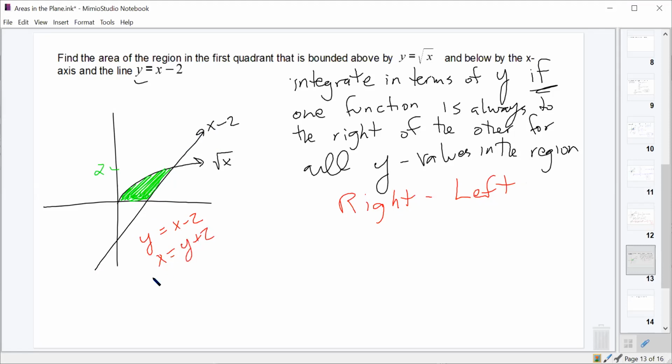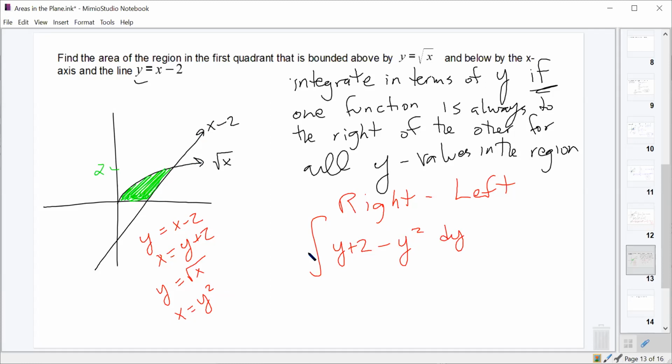And if y equals root x, what does x equal? Y squared. So our rightmost function is y plus 2. And our leftmost function is y squared. So we do right minus left dy.